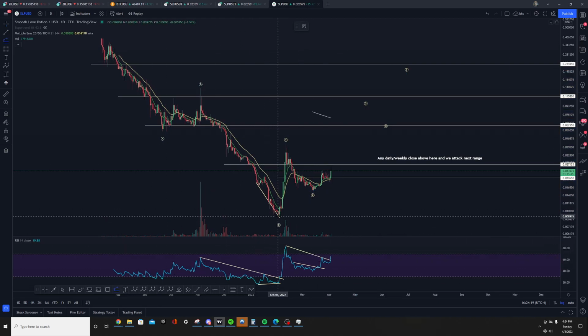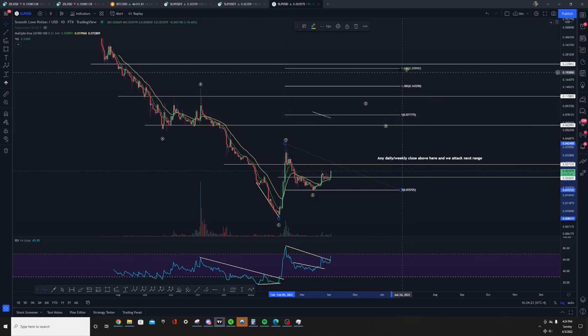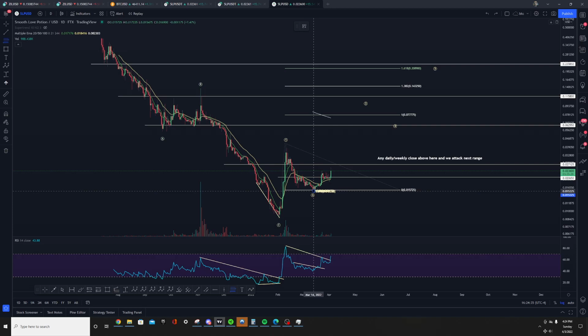You can do it the trend-based fib like this. You can do it this way, where you look for the 1618. What I find in my experience is that, let's leave it on there, the inverted fib retracement. So you do it from the bottom of wave 2 to the top of wave 1, and then you look for, it's almost exactly the same.